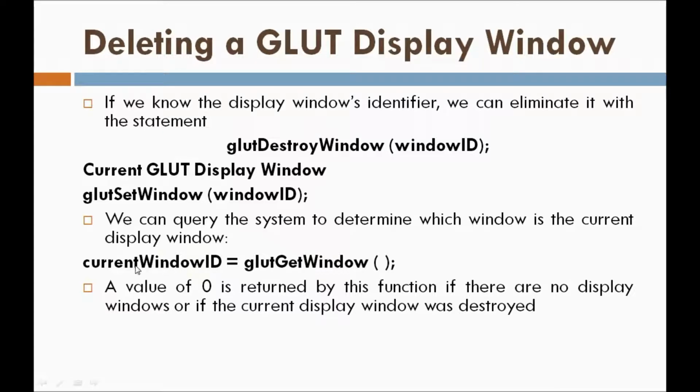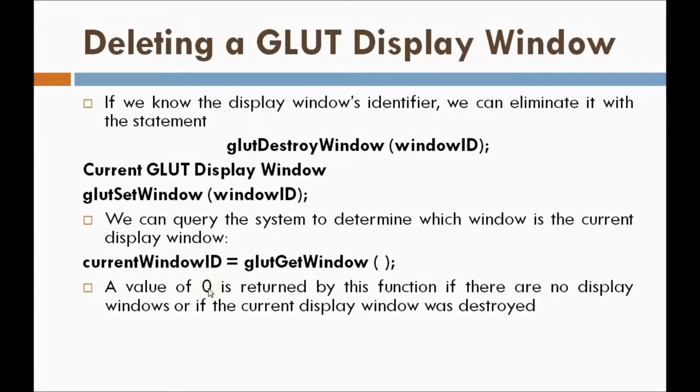A value of 0 is returned by this function if there are no display windows. Obviously, if there is no display window, the value 0 will be returned. If one window is there, the value 1 will be returned.